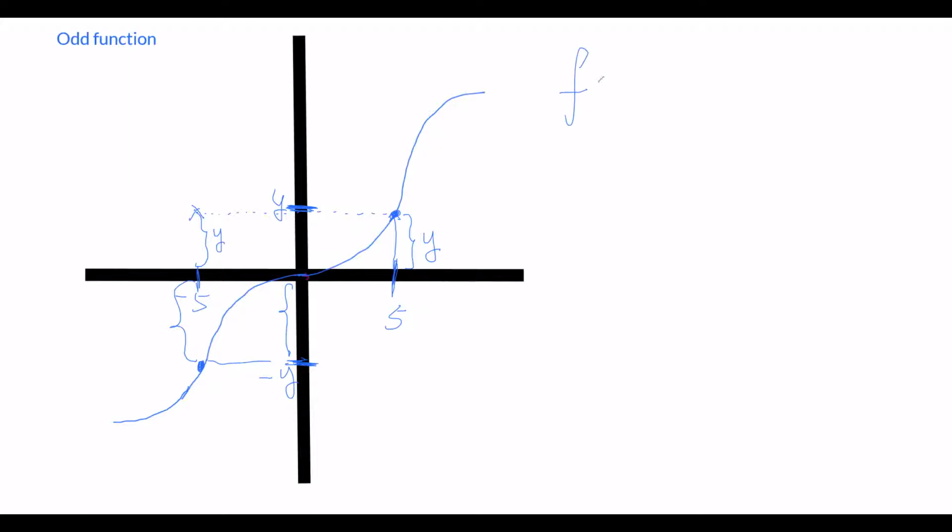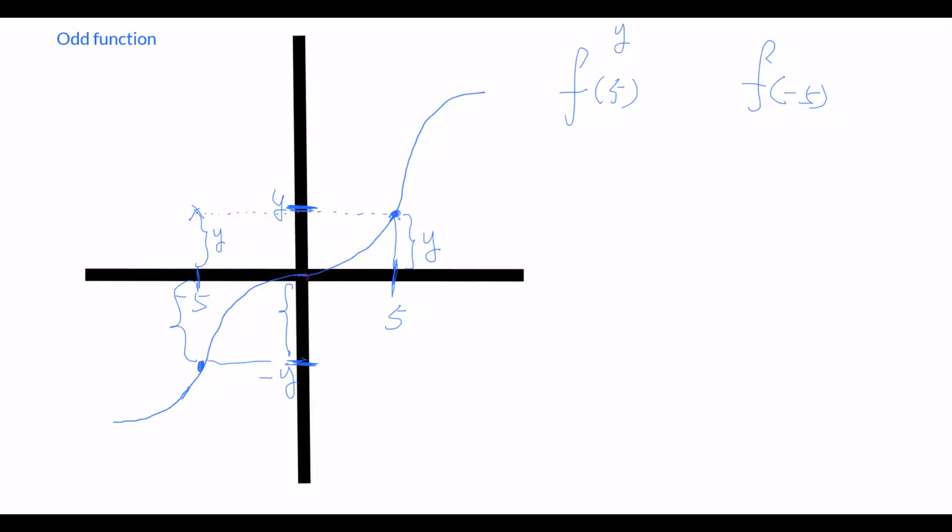It means f of 5 is the y coordinate when x equals 5, and then if I look at negative 5, the y coordinates are quite similar if we just talk about the magnitude, or the distance from the x-axis, but one is above and one is below.